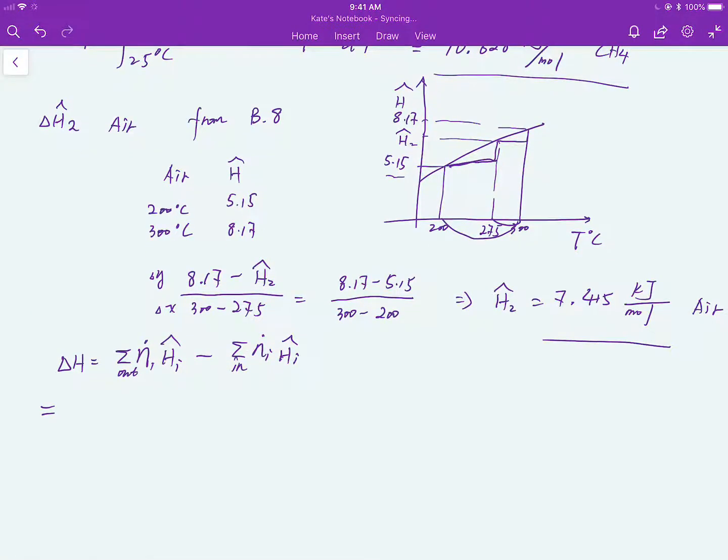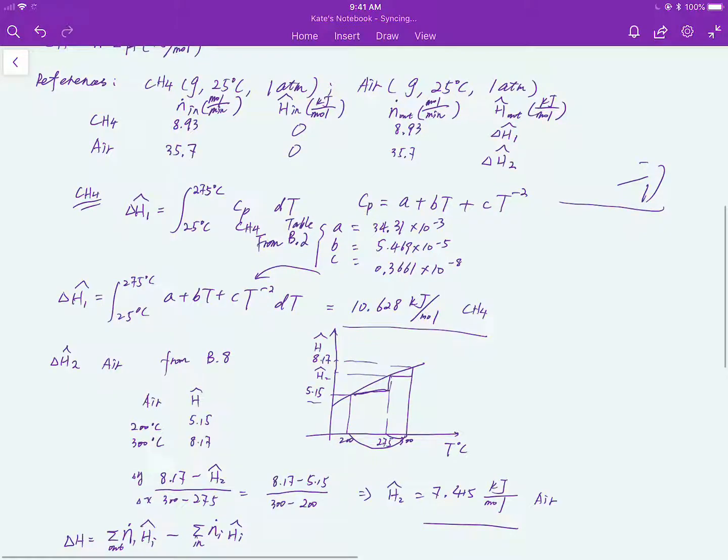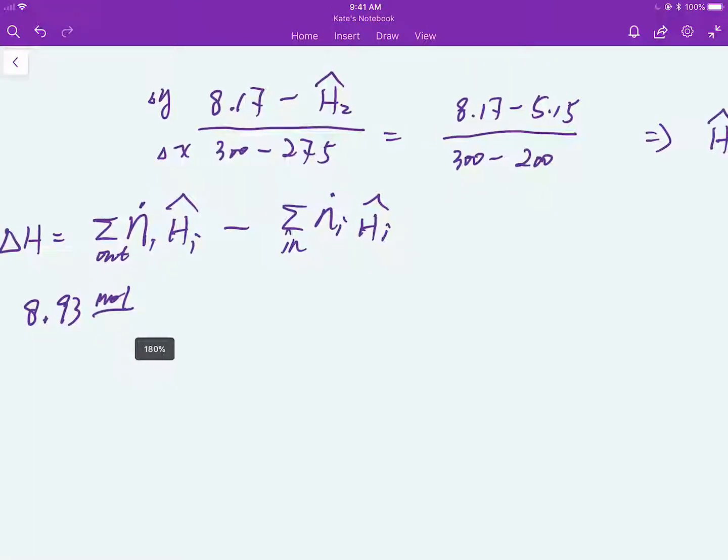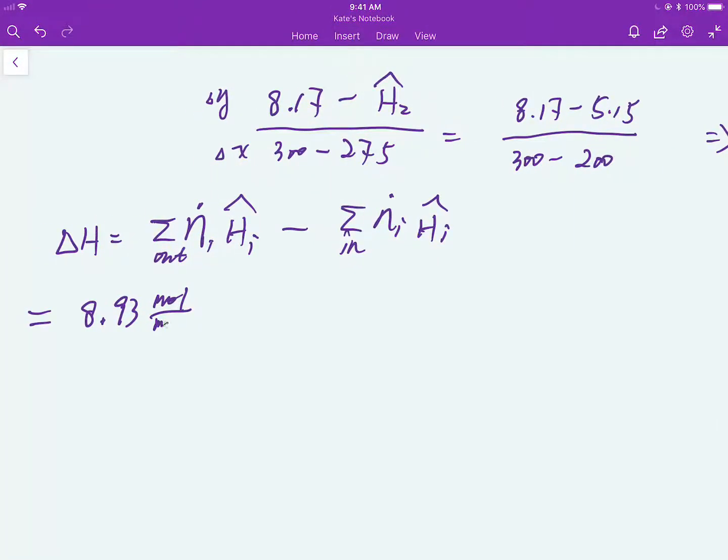The mole number, let's start from methane. We have 8.93 based on the table. 8.93 is the molar flow rate in the inlet stream, and the unit is mole per minute, times 10.628.